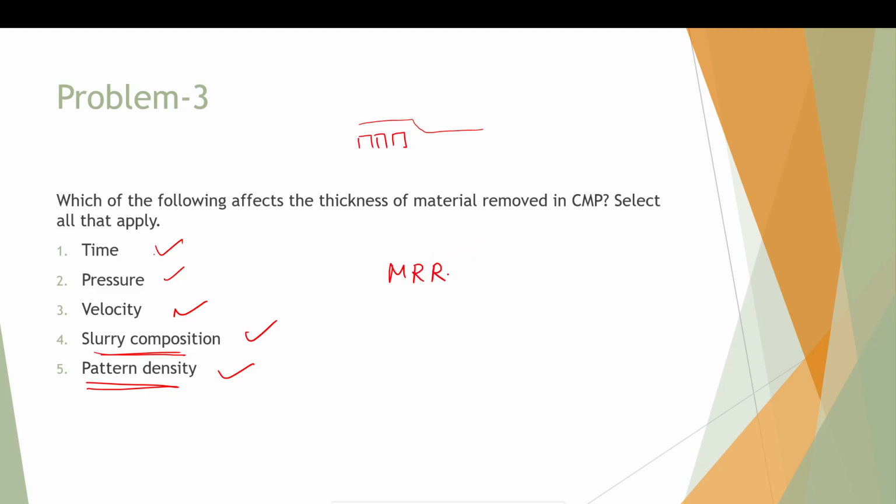So the material removal rate, MRR, is Kp into del V by del T. So this is the velocity gradient.